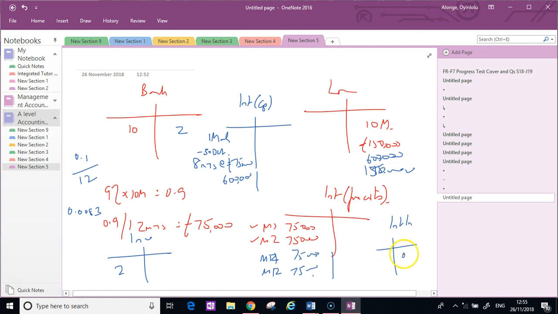So you have 0.0083 coming in twice for the first 2 months. That's the investment, isn't it? The bond that you had invested in.